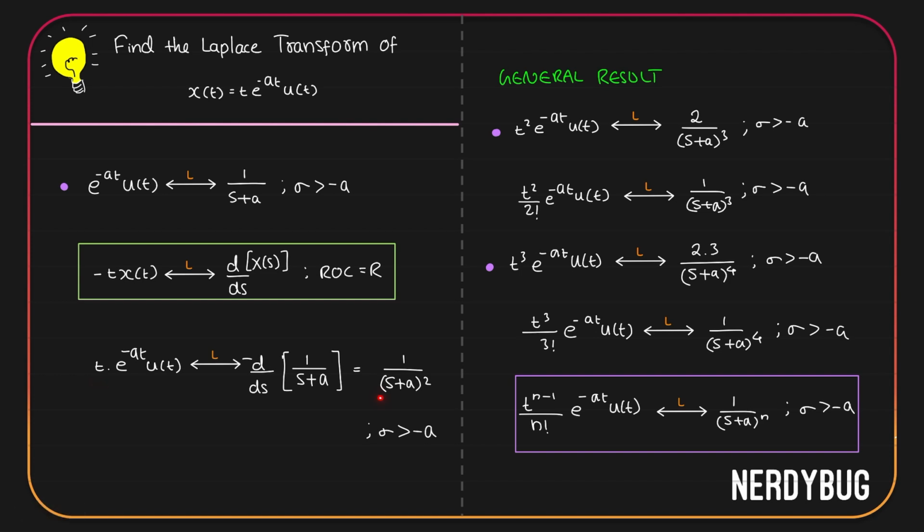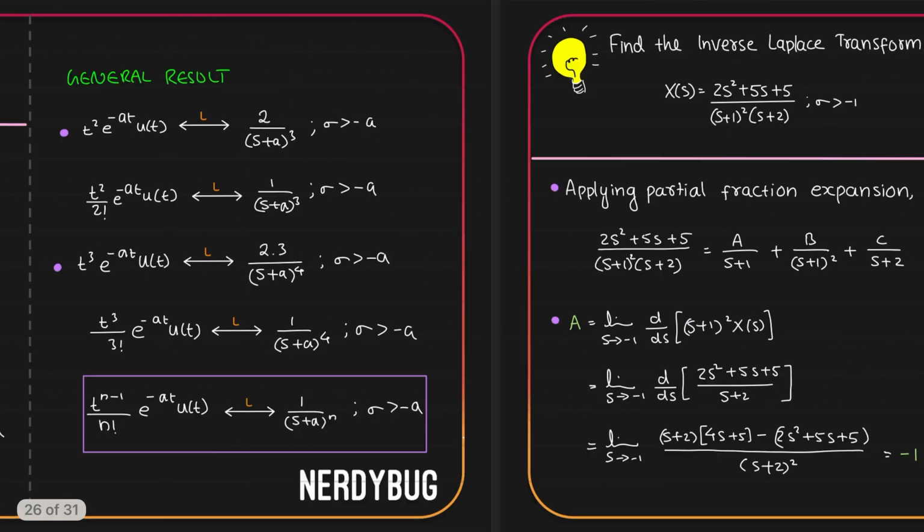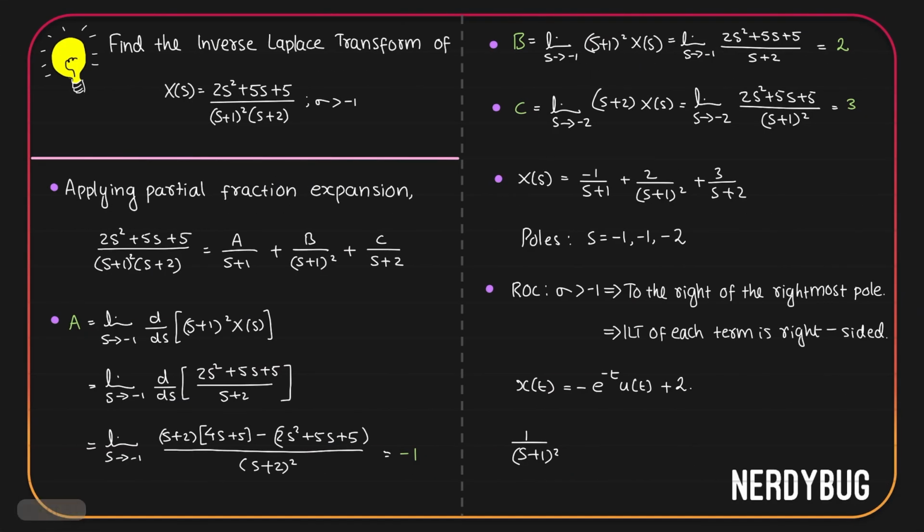But we learned 1/(s + a)² is the Laplace transform of t e^(-at) u(t). So we get 2t e^(-t) u(t). We took the right-sided version because our signal is right-sided.